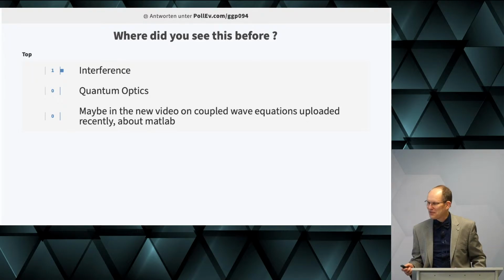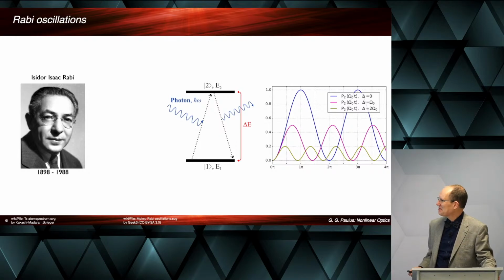So here we have Isidor Rabi, and he's famous for studying two-level systems, initially with microwaves, right? And if you shine in here in resonance, then the population from the ground state is transferred to the excited state.